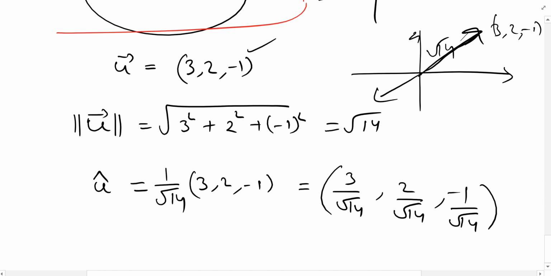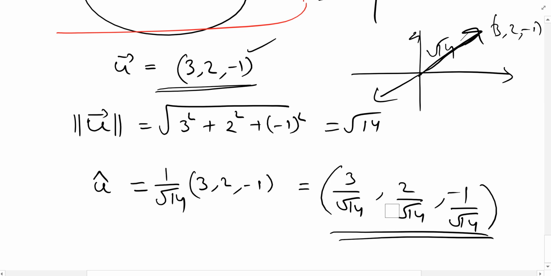So it's a scalar multiplication. You multiply this fraction with all those components. You multiply it by 3 and then by 2, and then you times it by negative 1. So we got a vector, and this vector is the unit vector of this vector.